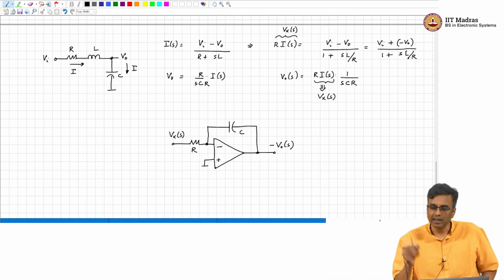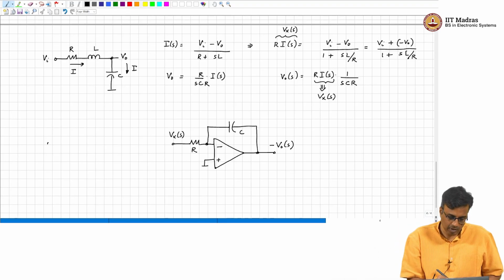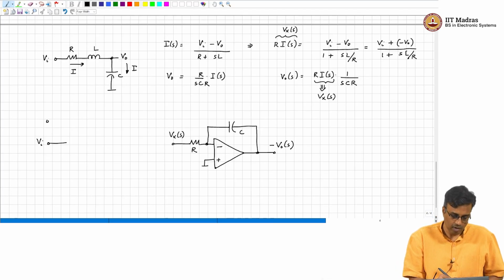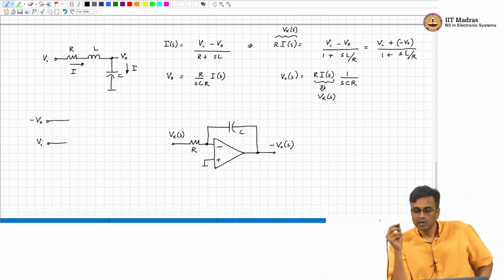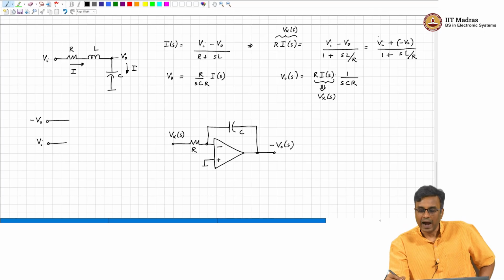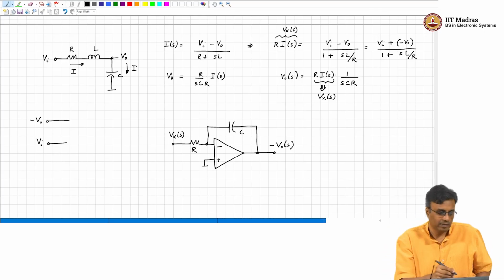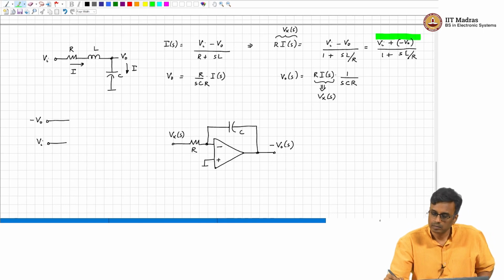To get Vx, what do we need to do? Let us assume that we obviously have Vi, we have minus Vo. We need to add the two and process it. What is this transfer function 1 by 1 plus SL by R?